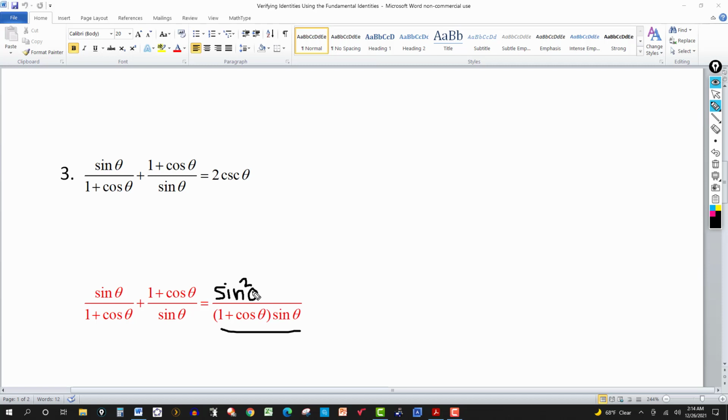Theta. Let's stretch this out a little bit. And then on the next fraction, the denominator has to have a 1 plus cosine theta and a sine theta.